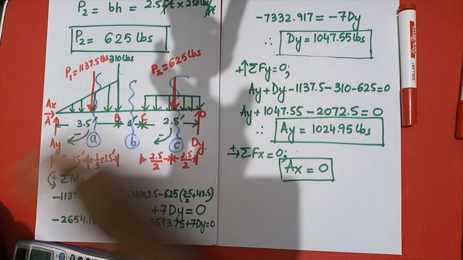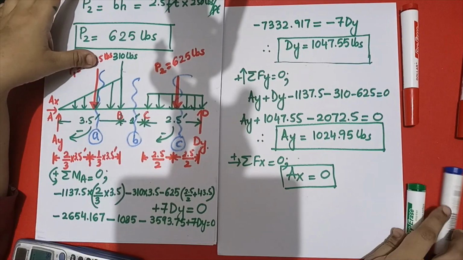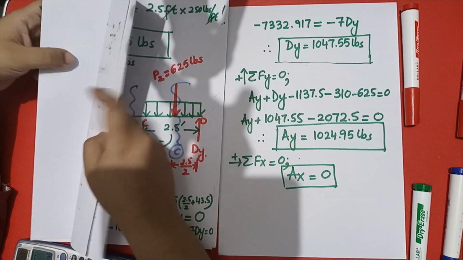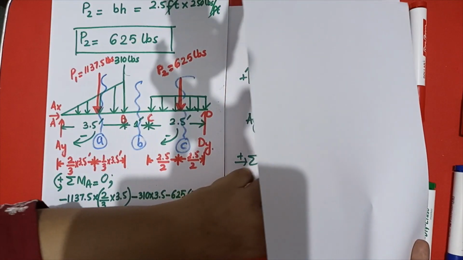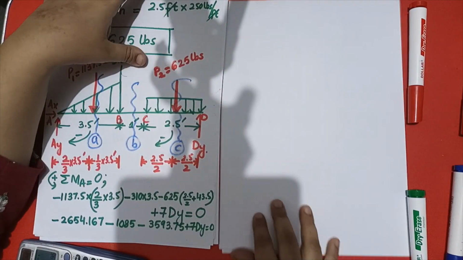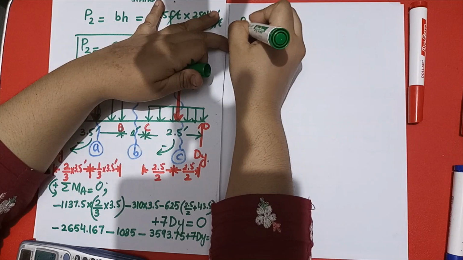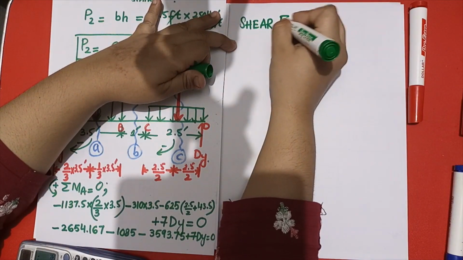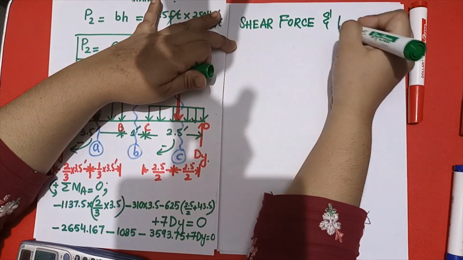And now I am moving towards the calculation for the shear force equation and bending moment equation section wise. So this is the next page where I am going to do my work. So shear force and bending moment.